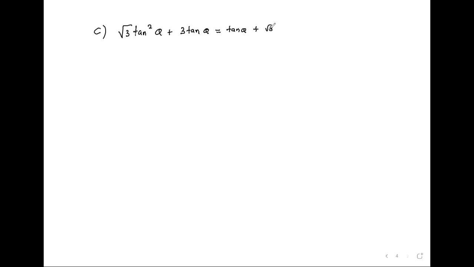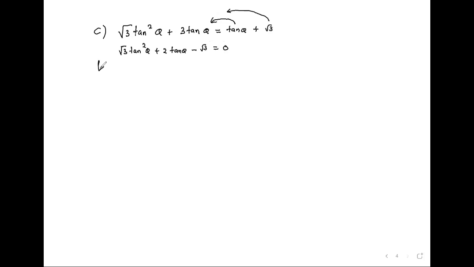So we have tan theta on both sides. What we'll do is move this to this side, so it will be √3 tan squared theta plus 2 tan theta minus √3 equals 0.